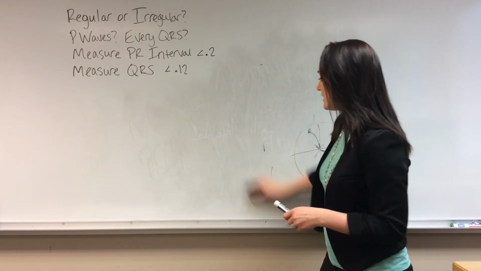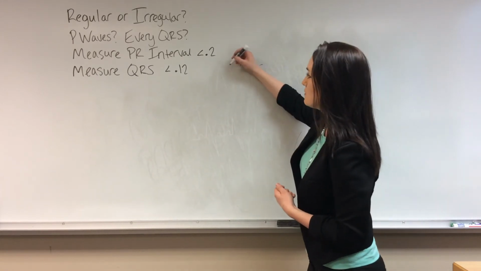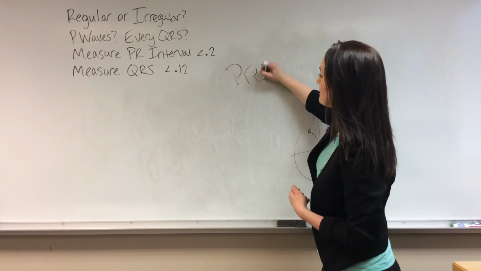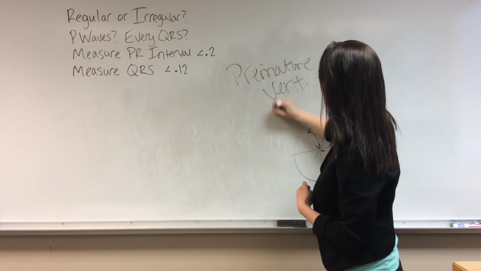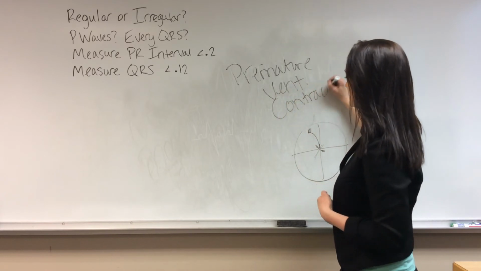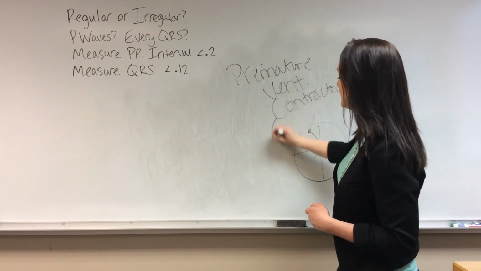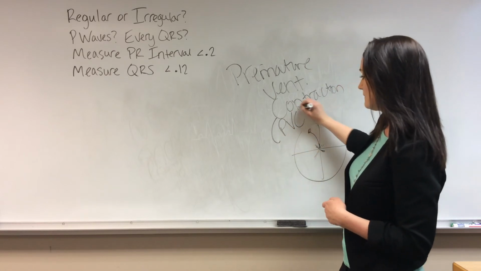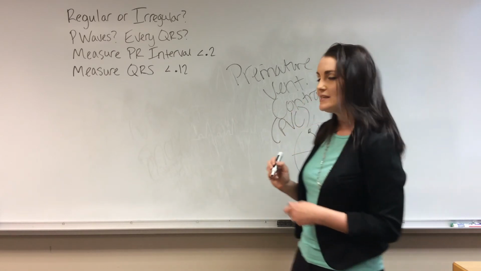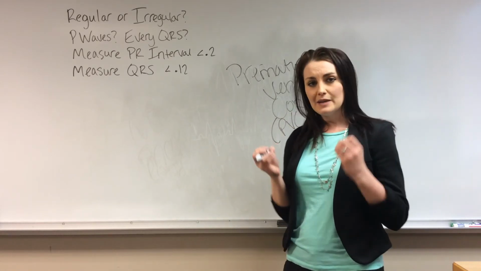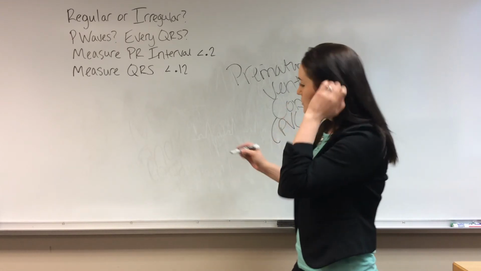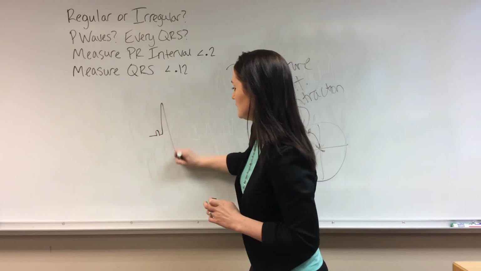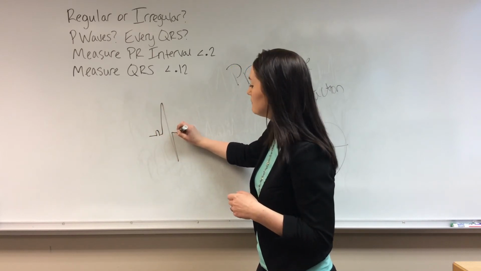And then the last kind of premature beat is a premature ventricular contraction, PVC. What these look like is an early beat that's originating from within the ventricle. So you can have any underlying rhythm.